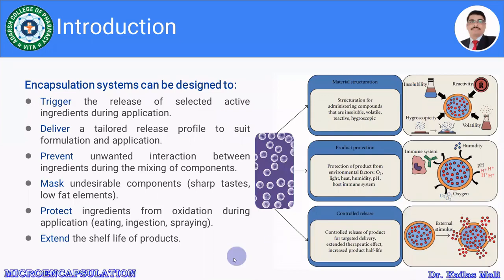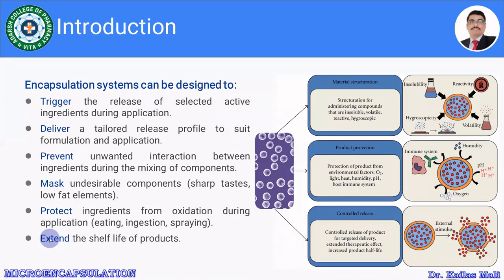So encapsulation systems are designed to trigger the release of the selected active ingredient during the application, to deliver a tailored release profile to suit formulation and application, to prevent unwanted interaction between ingredients during the mixing of components, to mask undesirable components like taste or fat elements, to protect ingredients from oxidation during the application, and to extend the shelf life of the product.